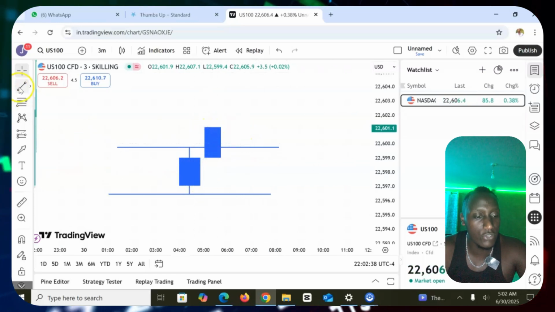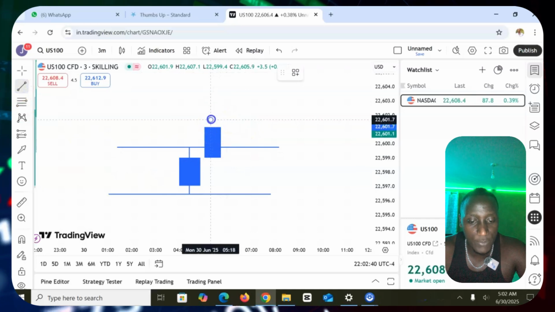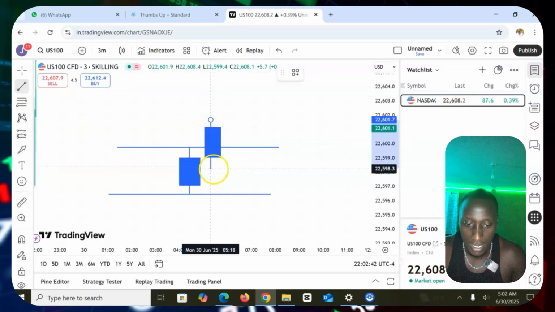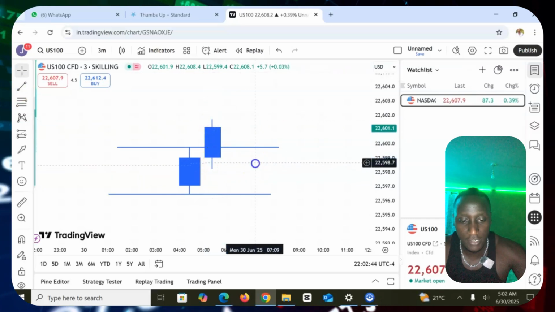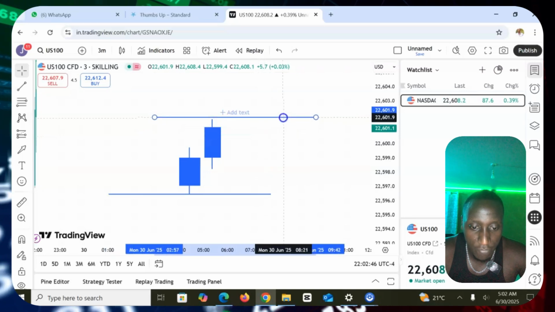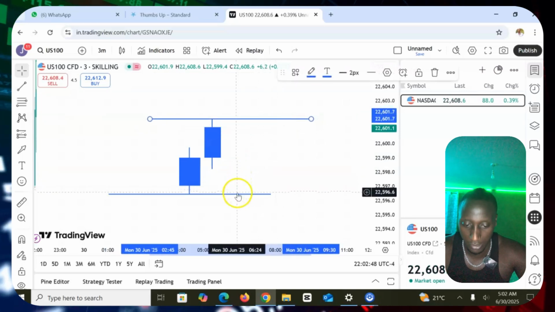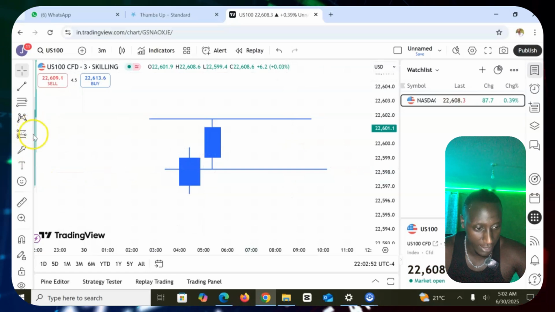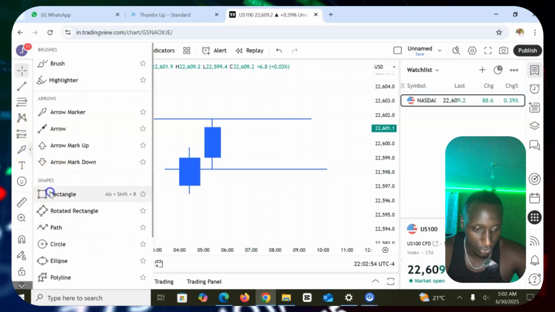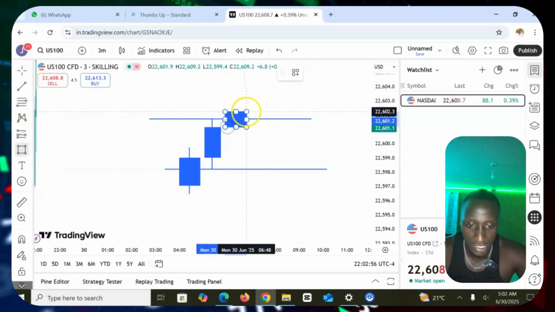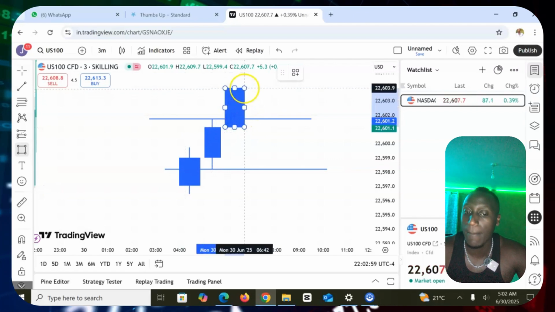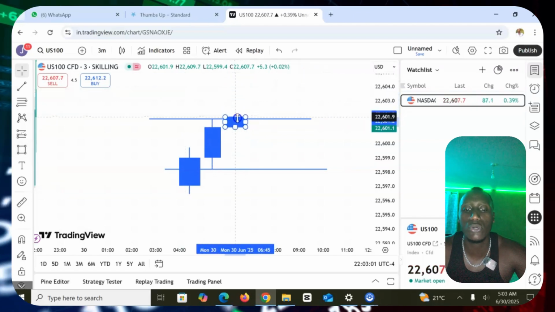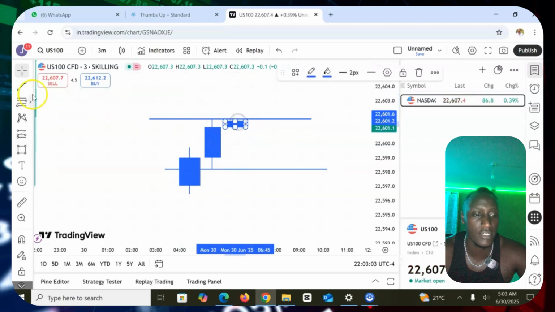Now, after Tuesday, we look for a very specific pattern, and that is what we call a failed breakout. Now, a failed breakout is when price tries to go higher by breaking out of the previous candle's high, but then it closes back inside of that range.